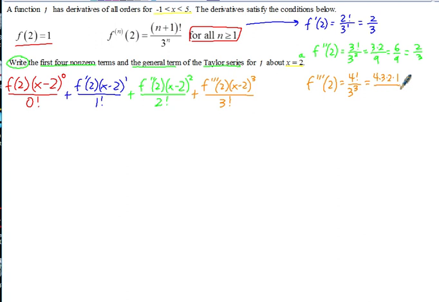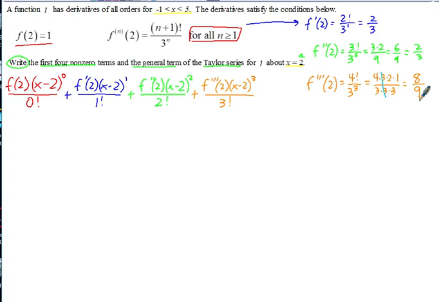You could write the denominator as 27, or another way of thinking about it is 3 times 3 times 3 is 3 to the third. And notice what reduces here. One of those 3's reduces with the 3 in the factorial, it'll just be 1, and that's it. So we're left with 4 times 2 times 1 is 8, over 3 times 3, 9. So they aren't all 2/3. Those two just happen to be the same.